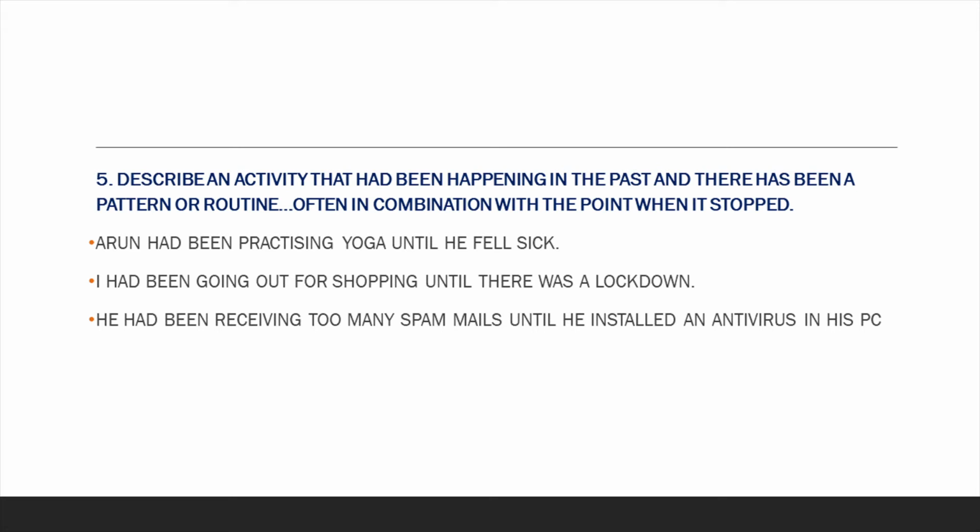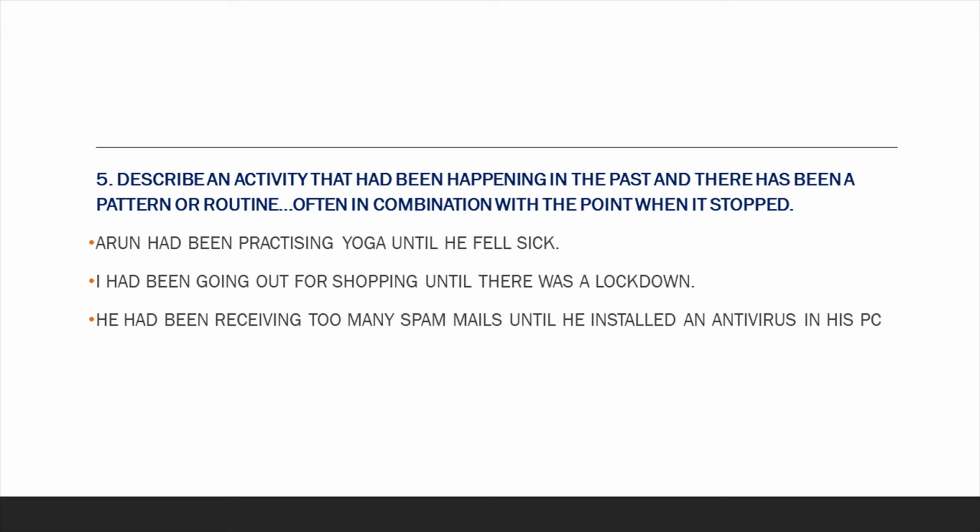Next one. I had been going out shopping until there was a lockdown. So I used to regularly go shopping. This is what it means, right? So you had a habit of going shopping regularly until there was a lockdown. So this is when it stopped. I think that is clear. Next one.